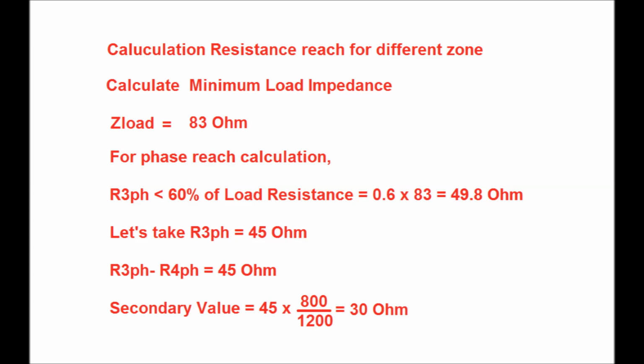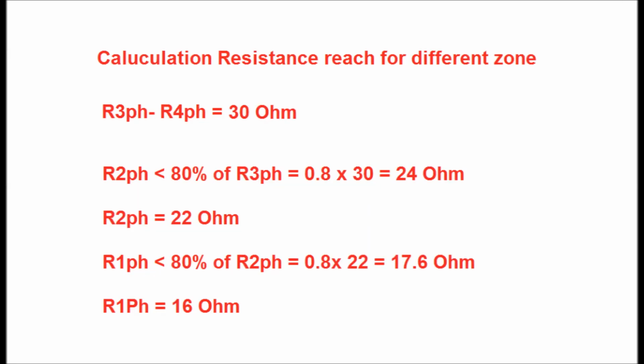In secondary value we have to multiply it by CT ratio by PT ratio, which comes as 45 into 800 by 1200, equal to 30 ohm. Now earthy phase and R4 phase value for MICOM relay comes as 30 ohm, and R2 phase should be less than 80% of earthy phase, that is should be less than 24 ohm.